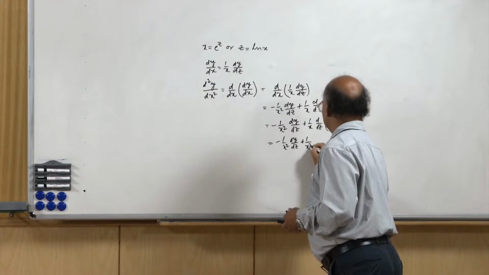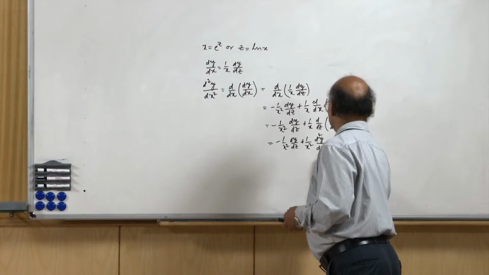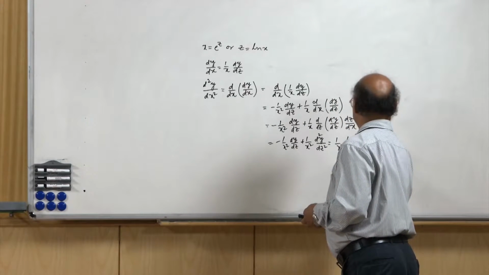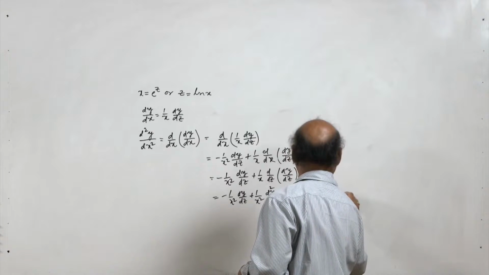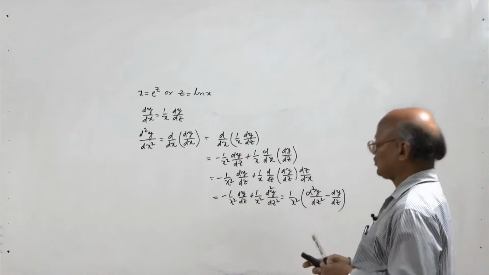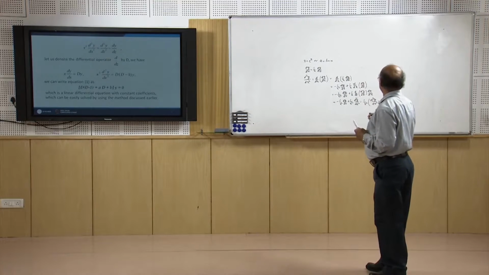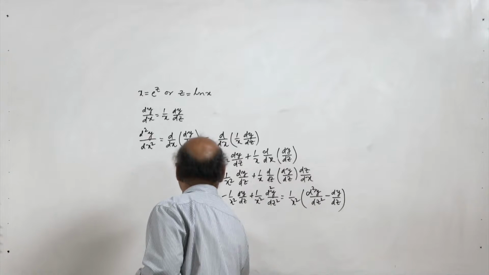So we get 1 over x square times d square y by dz square minus dy by dz, or we can say x square d square y by dx square equals d square y by dz square minus dy by dz. Now, let us denote the differential operator d over dz by D.